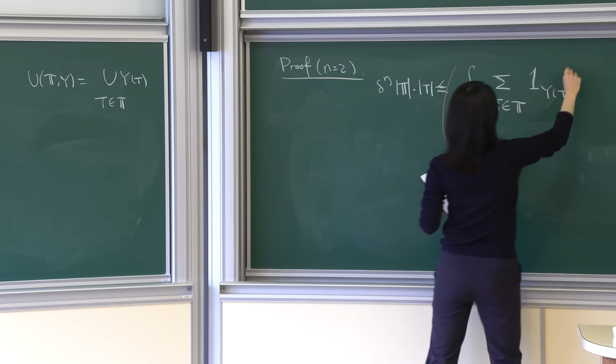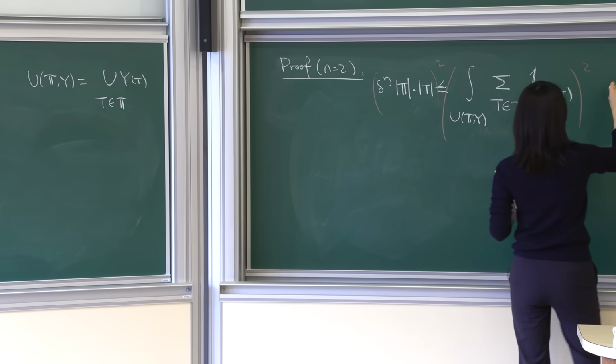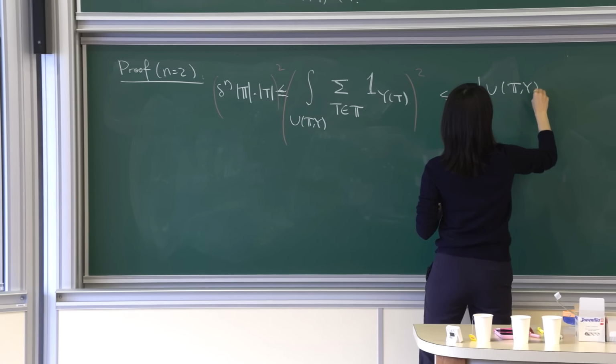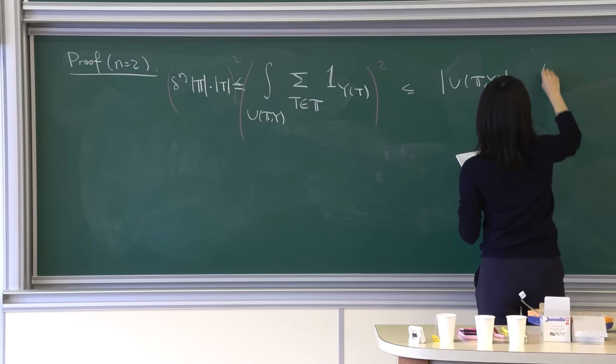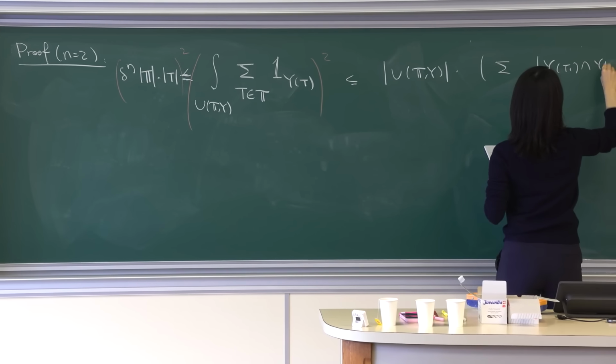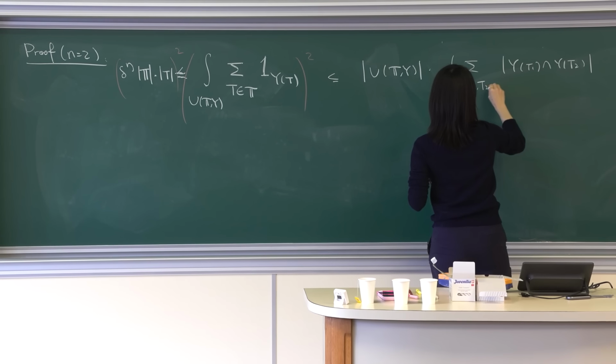And then we take the square. And we take Cauchy-Schwarz. This is times the sum over the volume of Y(T1) intersect Y(T2), for T1, T2 in the set of tubes.